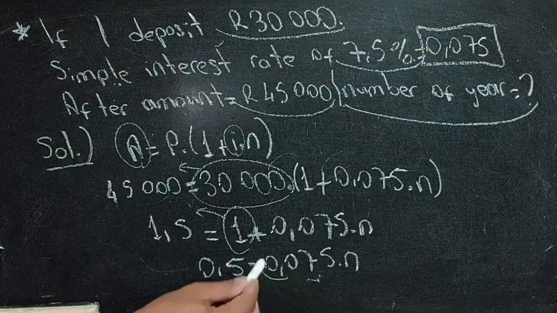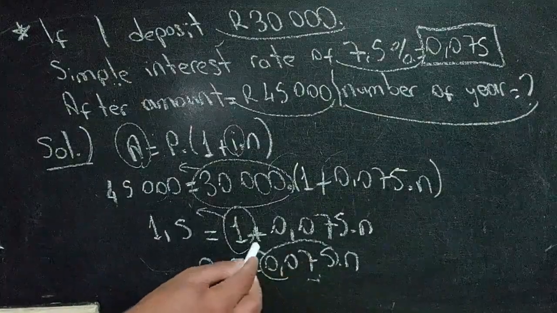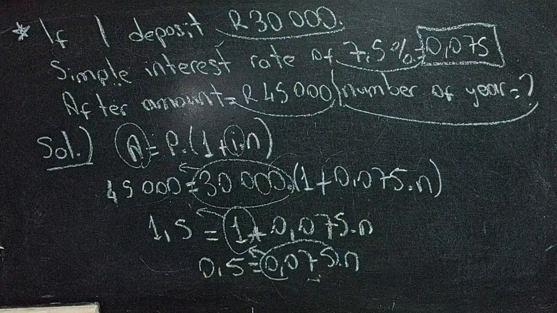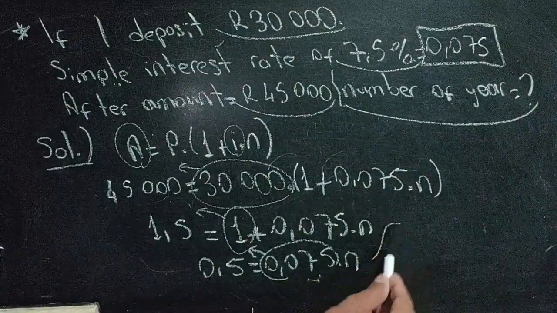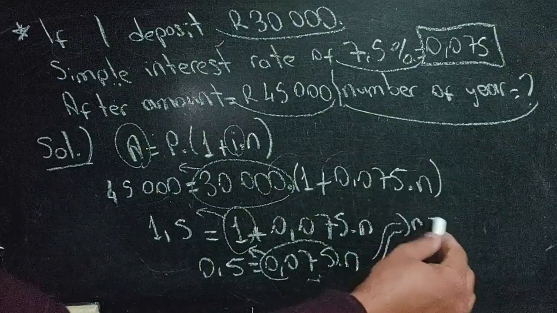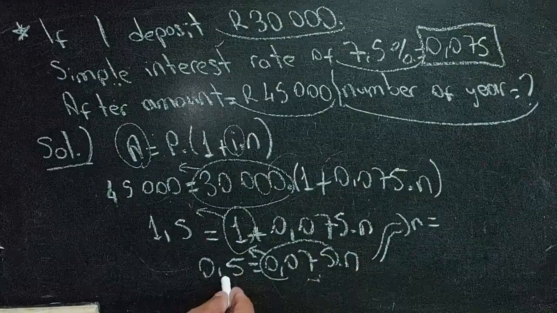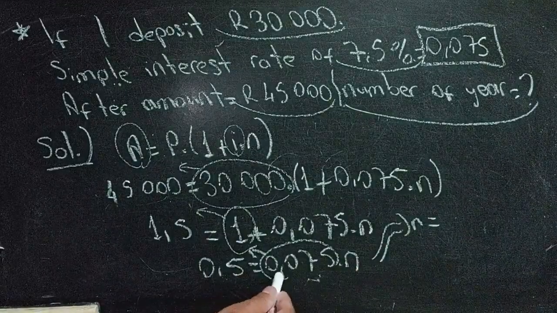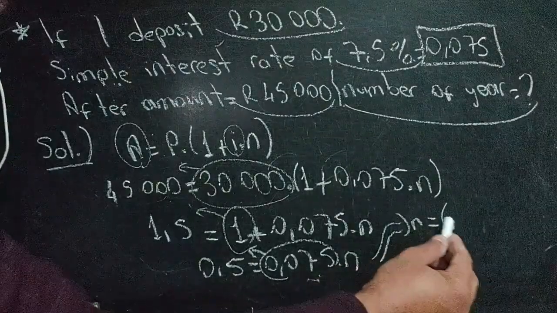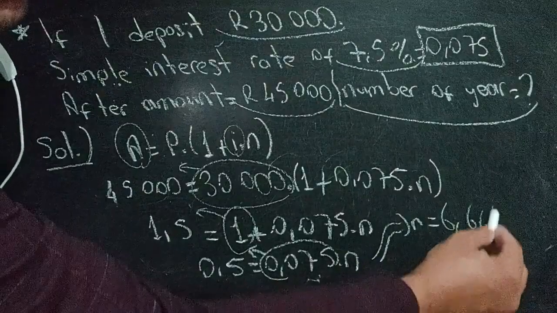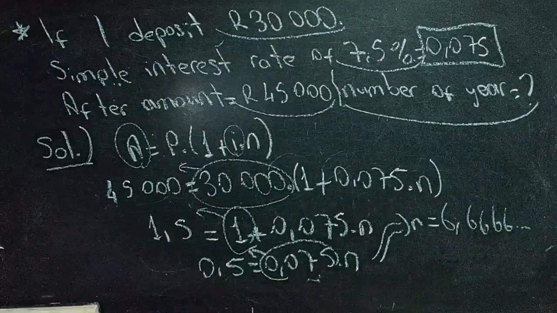Then this will go to the other side as division. That will be, let me carry on there, n equals to 0,5 divided by 0,075, which is 6,6666. It will carry on like this.